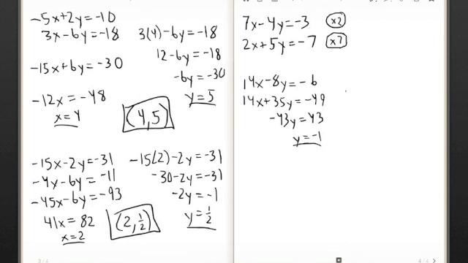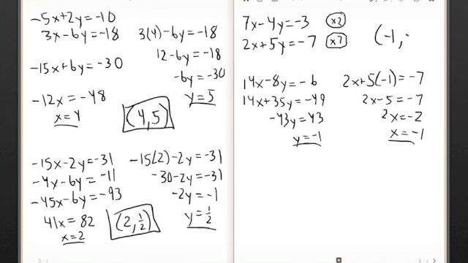This second one doesn't look too hard. 2x plus 5 times y of negative 1 equals negative 7. So 2x minus 5 equals negative 7, and x is negative 1. So the solution here will be negative 1, negative 1.